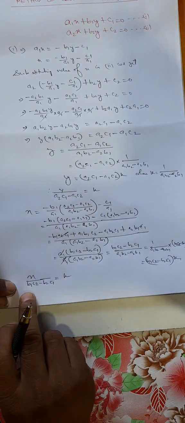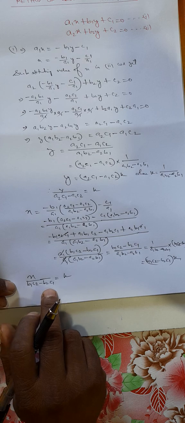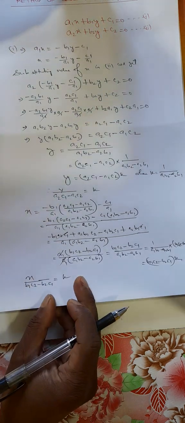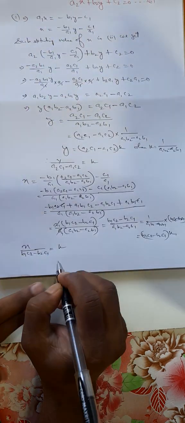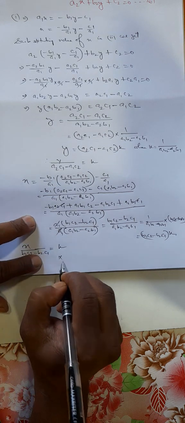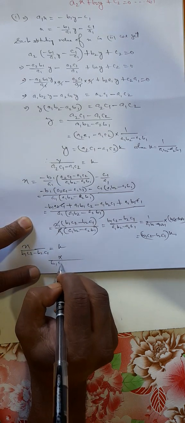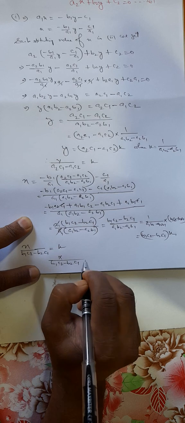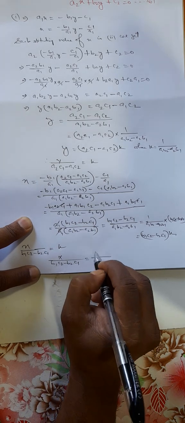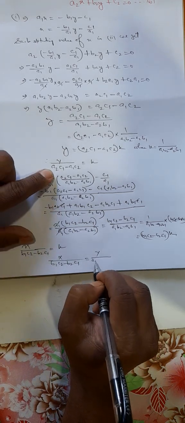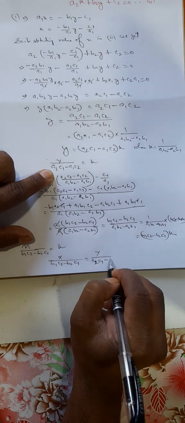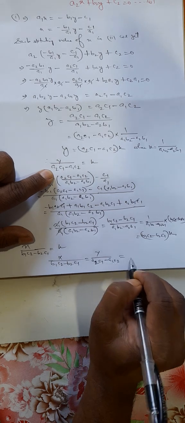Here we got x by b1 c2 minus b2 c1 equal to k. So combining this together, we can write it as x divided by b1 c2 minus b2 c1 equal to y divided by a2 c1 minus a1 c2 equal to k.